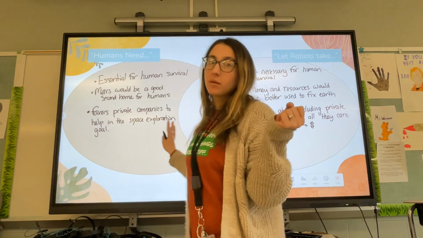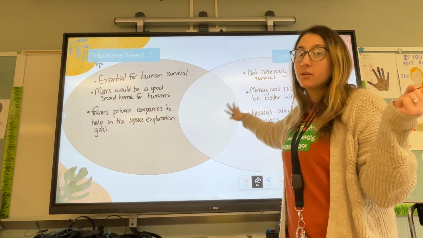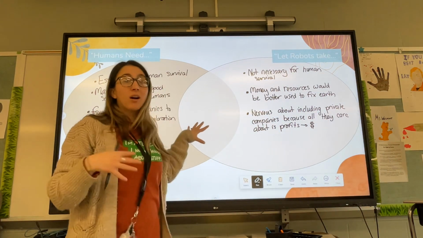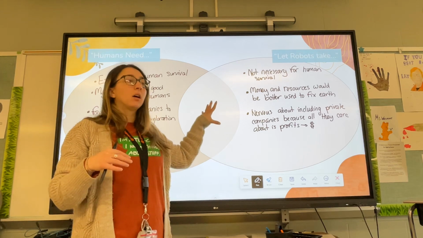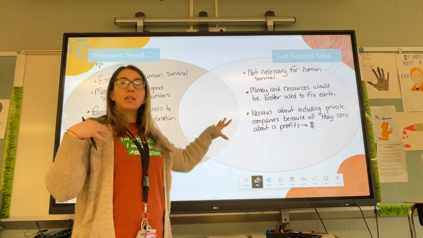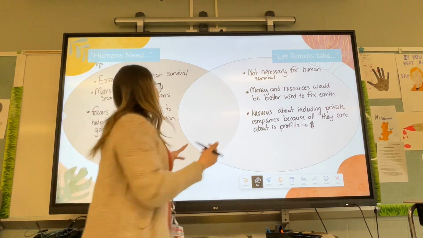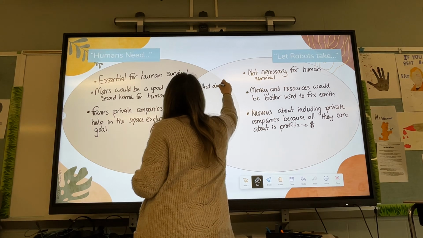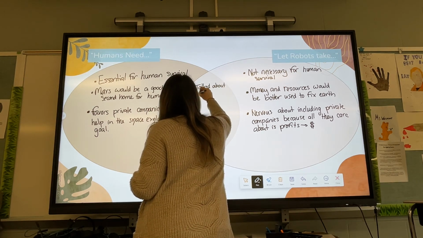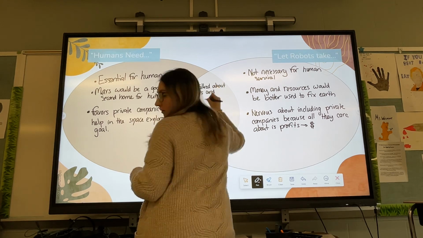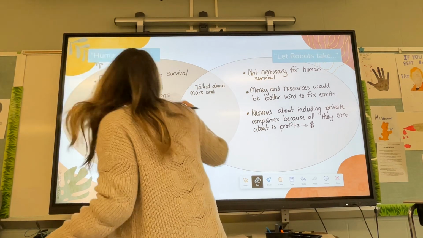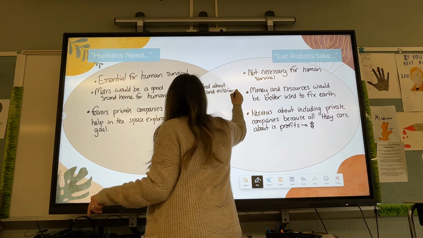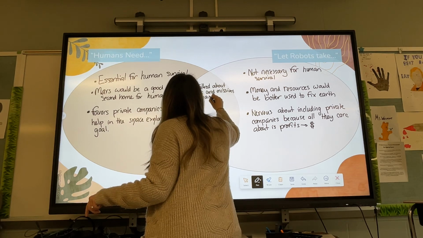One thing that they both talk about, so they may have different feelings about this topic, but both of them did talk about exploration of Mars and the different rovers that have been on there, different missions to Mars.